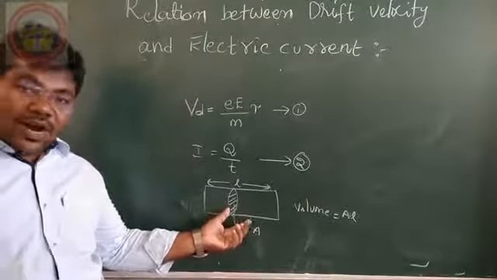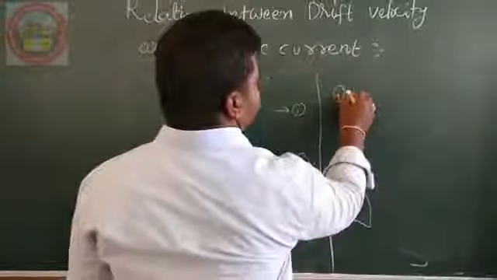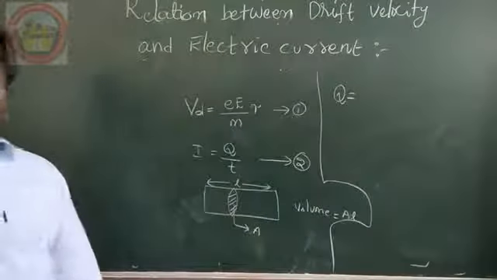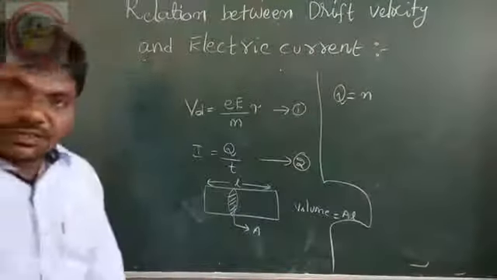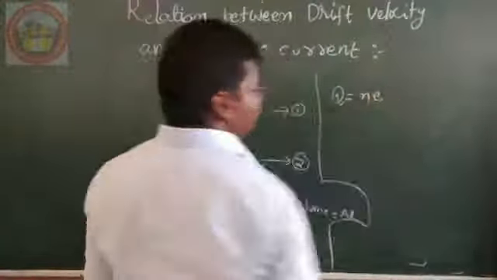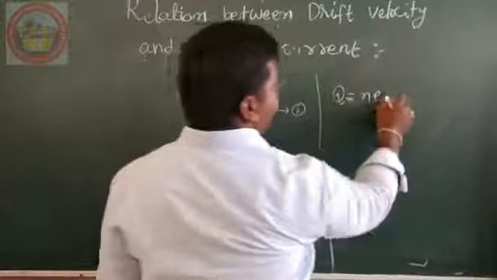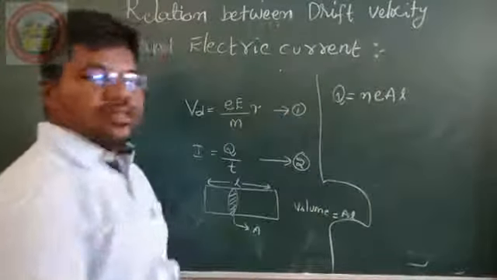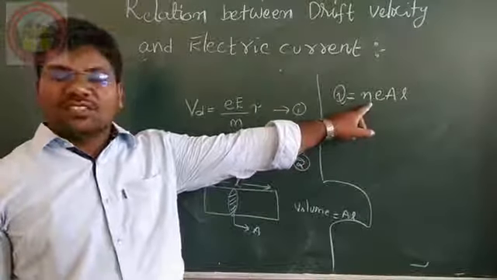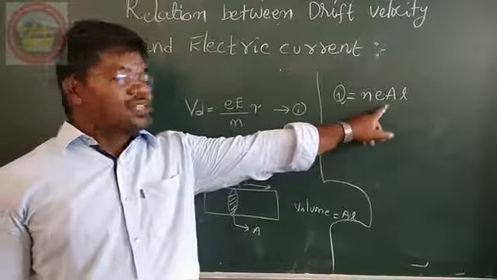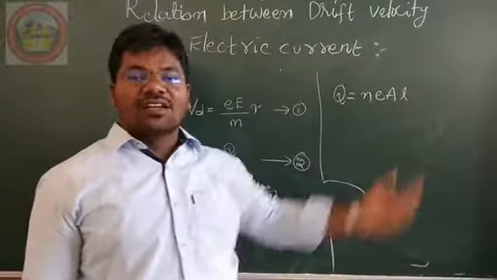In this conductor, what is the total charge? Total charge Q is equal to number of electrons, charge of electron, and volume, that is area into length. So here n is the number of electrons, e is the charge of electron, A is the area of cross section of the conductor, and L is the length of the conductor.